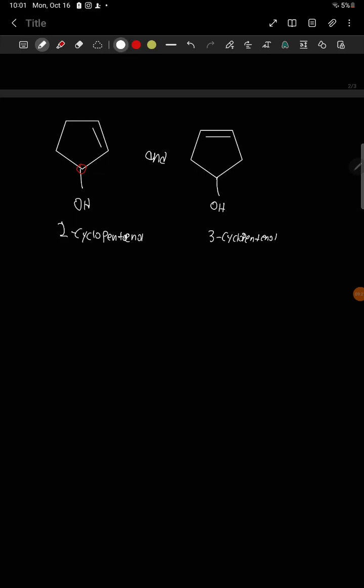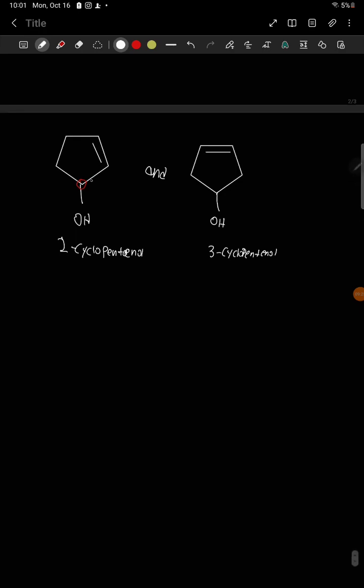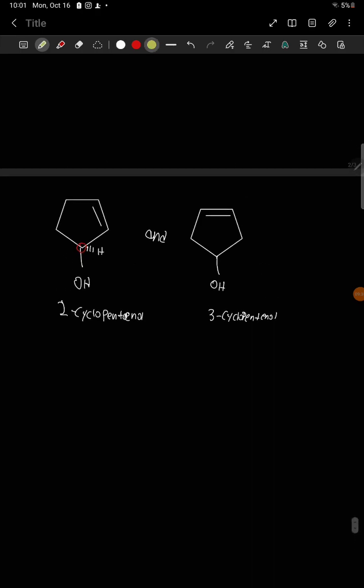Now, it's very common that in these cyclo groups, when we get these rings, people forget about these hydrogens. It's important to remember that hydrogen because it counts as a group, and it's very important later in this chapter when we get to having to get R and S configurations. So that hydrogen is one group. We have this OH group, our alcohol group.